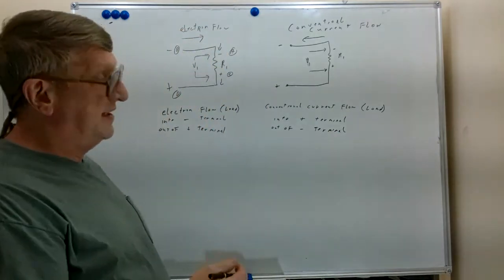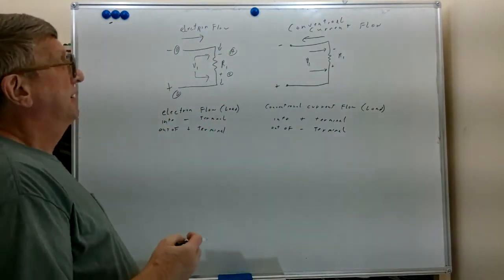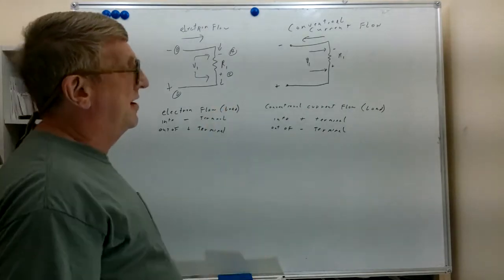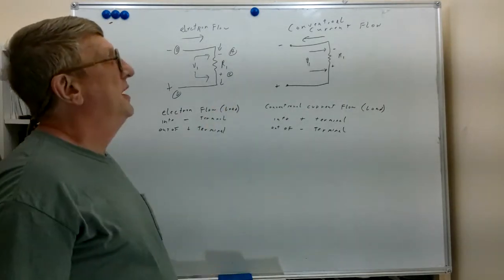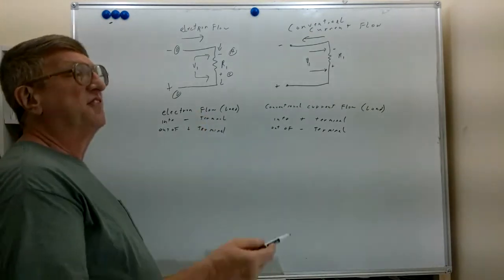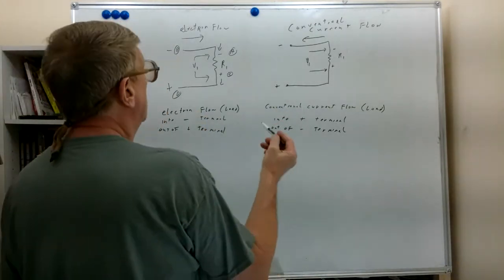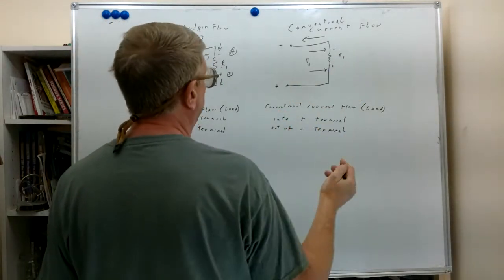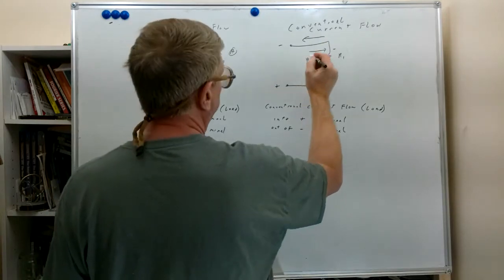Now the important thing that these two diagrams, which are very, very similar, illustrate is whether you think in terms of electron flow or in terms of conventional current flow, you have the same polarities appear across your loads.